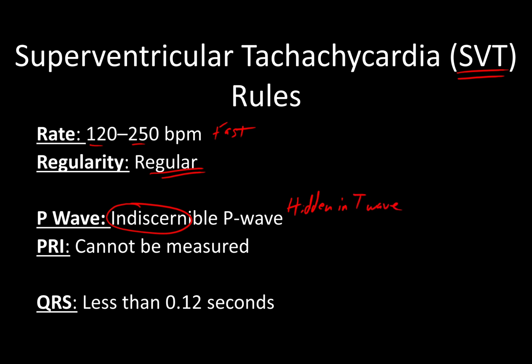So, because you don't really have a P wave, you can't have a PRI. And lastly, your QRS pretty much always should be less than 0.12 seconds. It should be narrow.